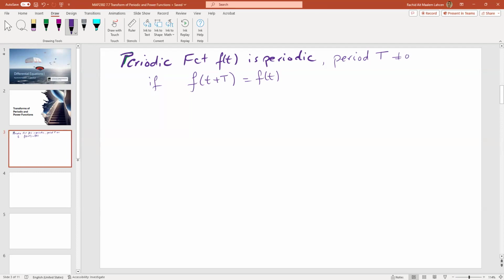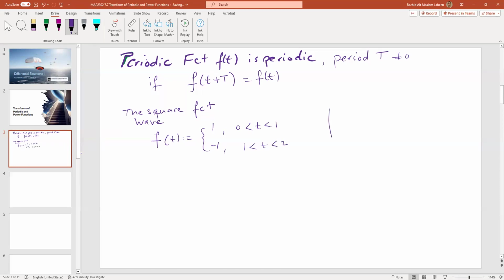So here, let's introduce a function you've probably seen before, the square function, which is the square wave function, can be expressed as f of t, here defined as 1 for t between 0 and 1, and negative 1 between 1 and 2.